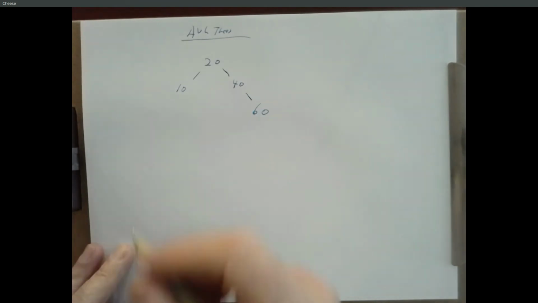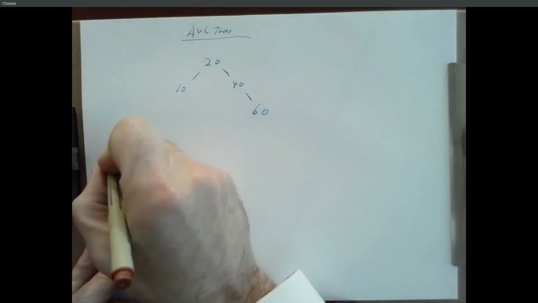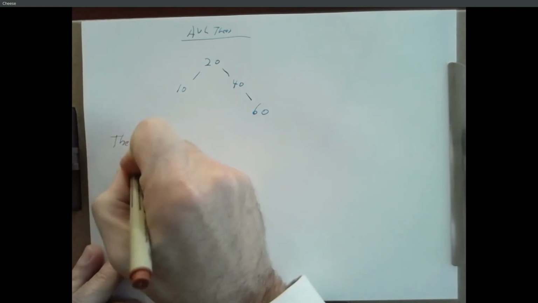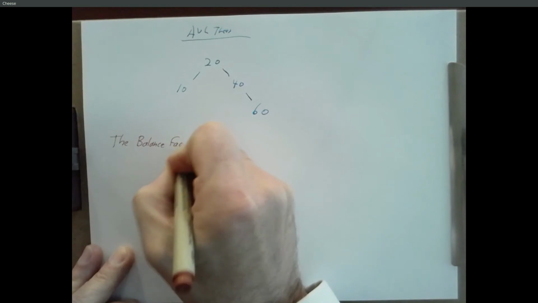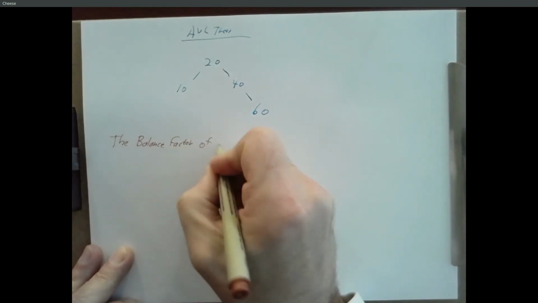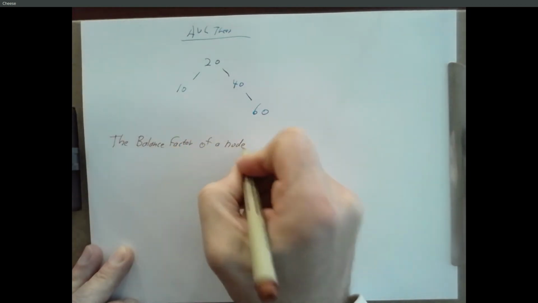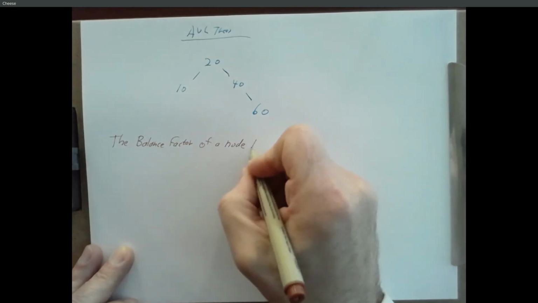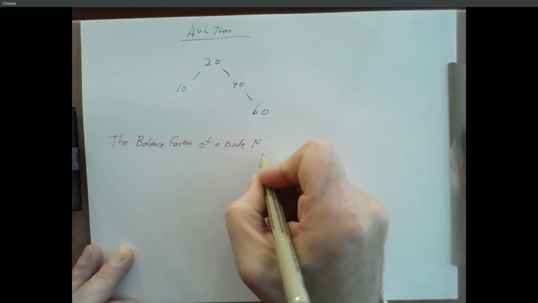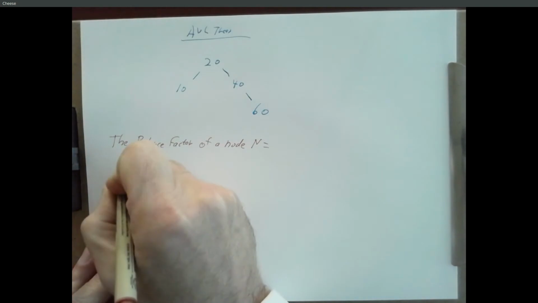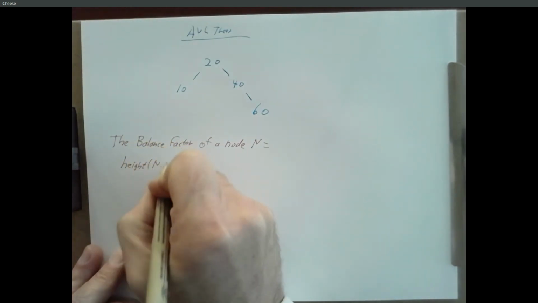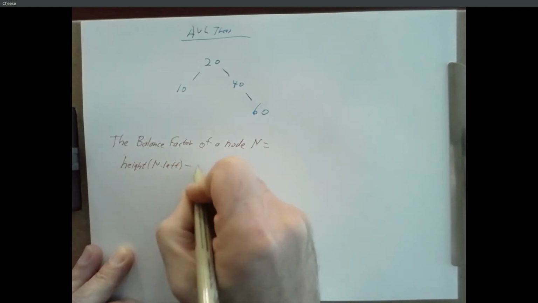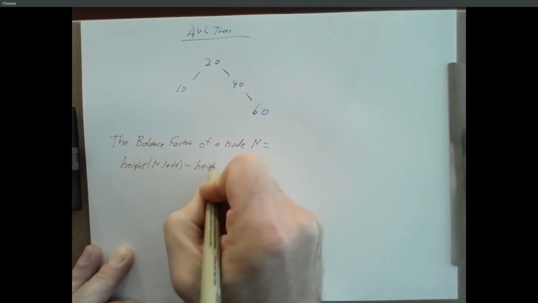So we're going to define what we call a balance factor. And the balance factor is defined for each node. So for each node n, the balance factor of node n equals the height of n's left child minus the height of n's right child.